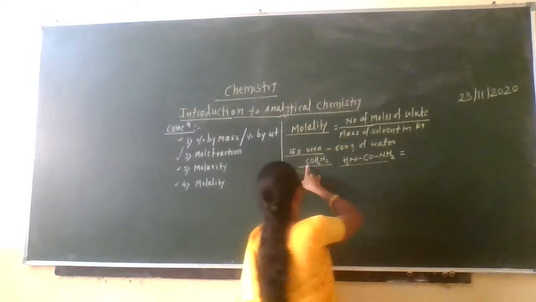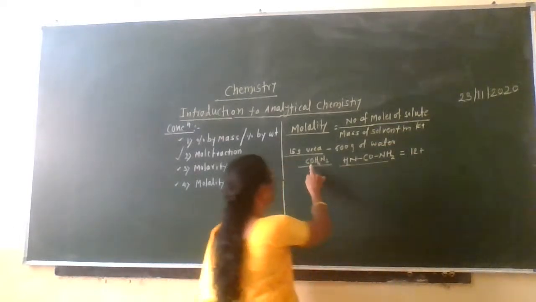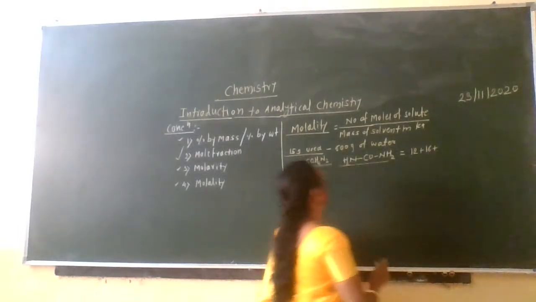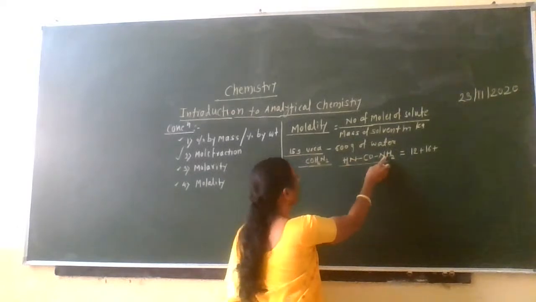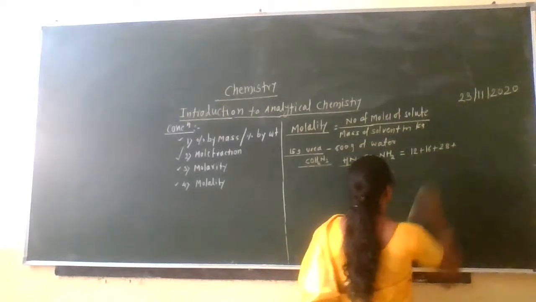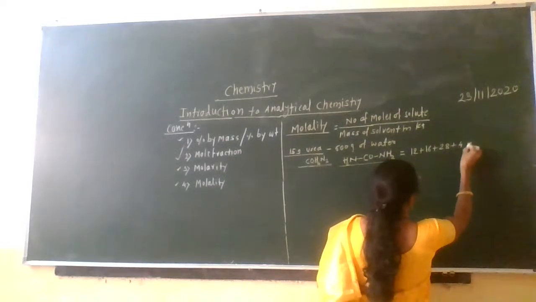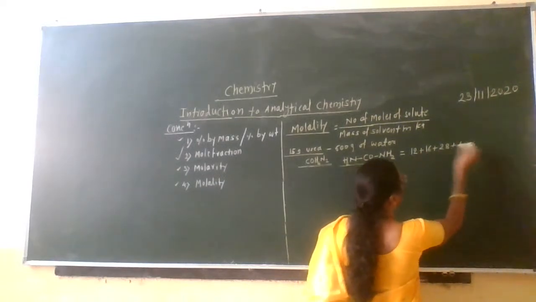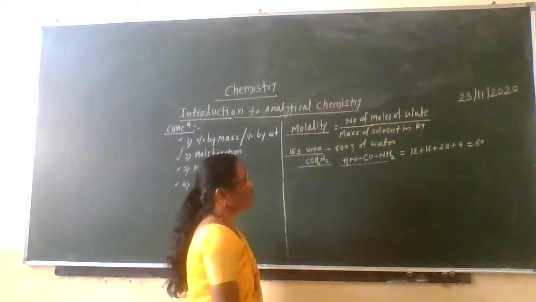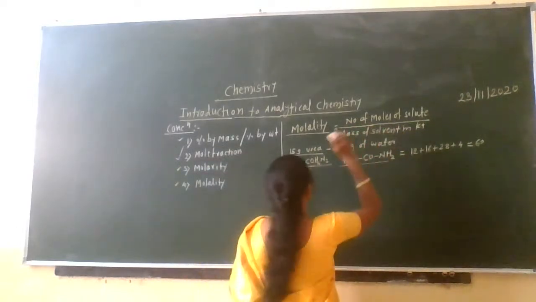There is only one carbon, so we write 12, plus only one oxygen, 16, plus two nitrogens, one here and one here, so 28, and plus a total of four hydrogens, 4, and it becomes 60, isn't it? It becomes 60.